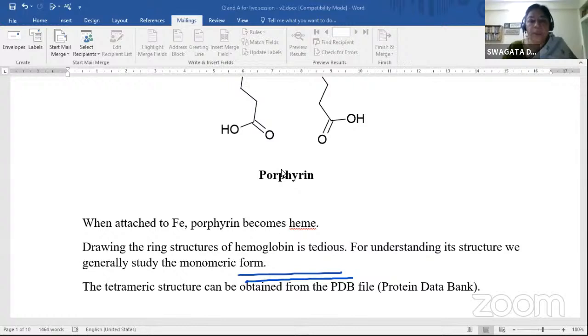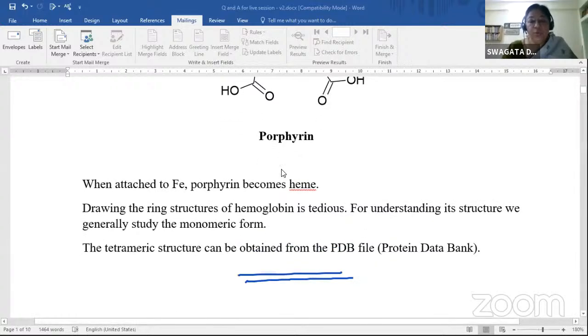On the other hand, the same thing happens when I say that there are, say, 4 heme attached to the hemoglobin. There is 1 heme in each subunit of hemoglobin, which contains 2 alpha and 2 beta subunits, and we can get this tetrameric structure from the Protein Data Bank. So we write a polypeptide chain in the form of its sequence, either in 3-letter code or in 1-letter code.